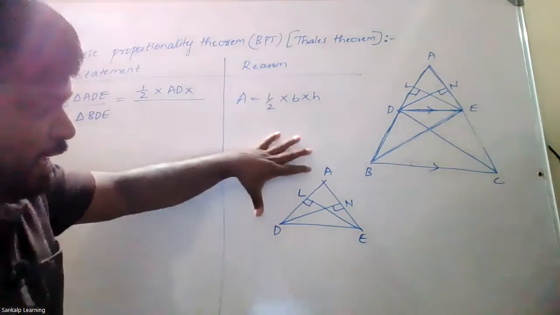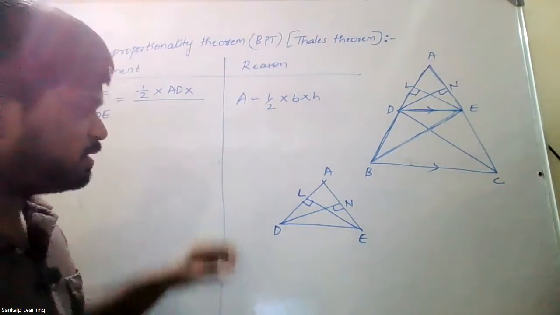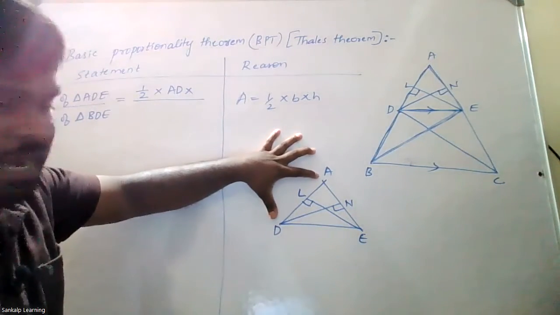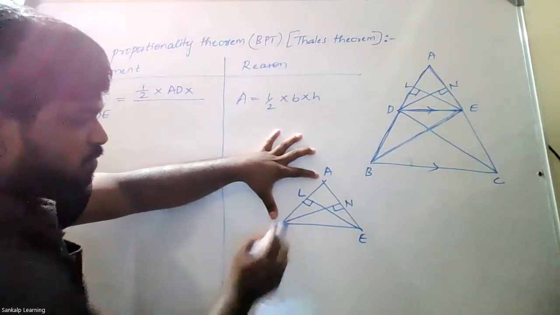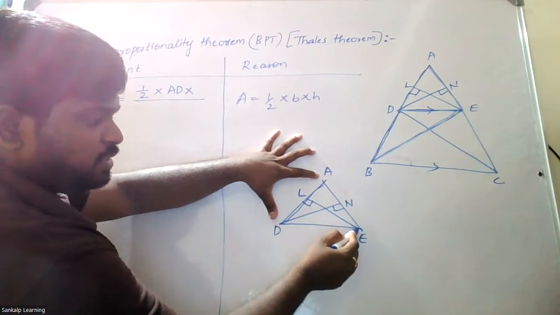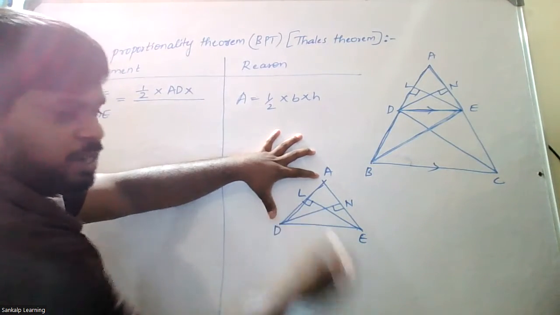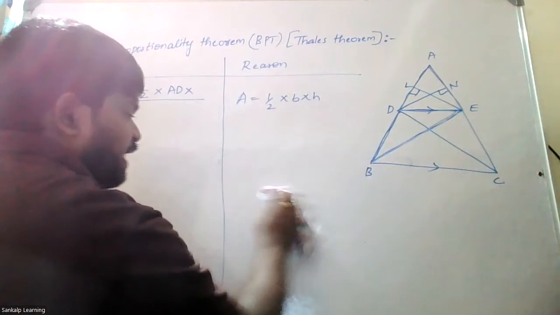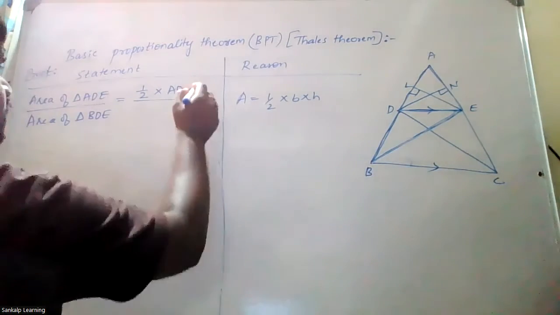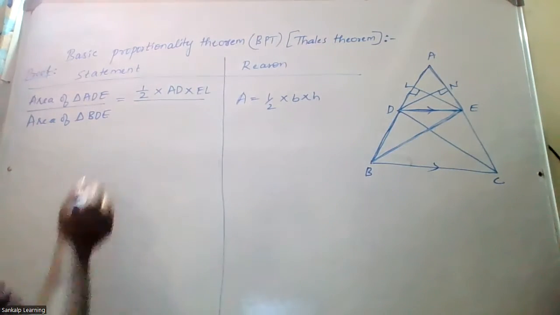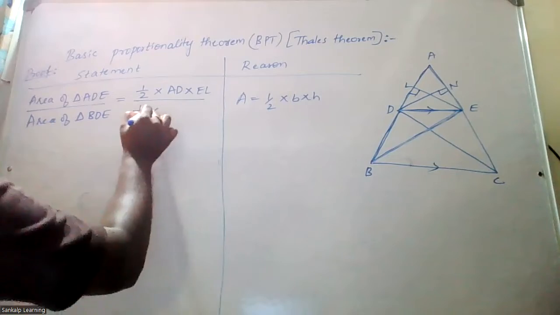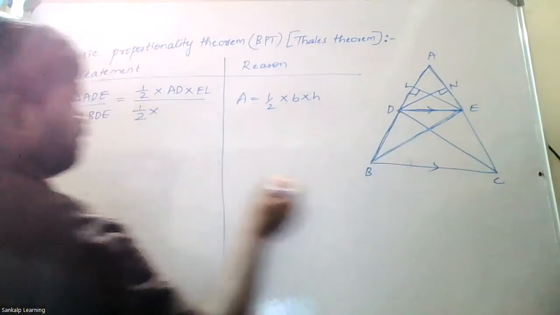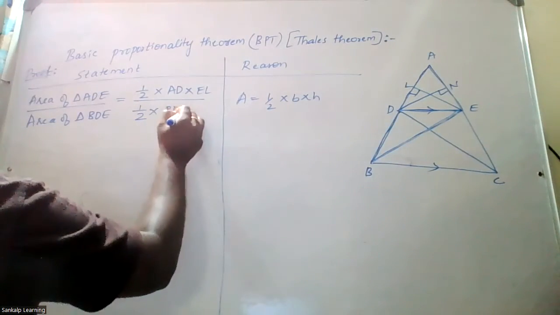Now, I'm taking AD as the base. I can take any side as the base, right? So let's take AD as the base. If I take AD as the base, the opposite vertex is E. From E, we have got a perpendicular line that will act as the height. Therefore, which is the height now? EL. So EL is the height. Okay. Now, similarly, for BD, half into, let me take BD as the base, into what is the height?